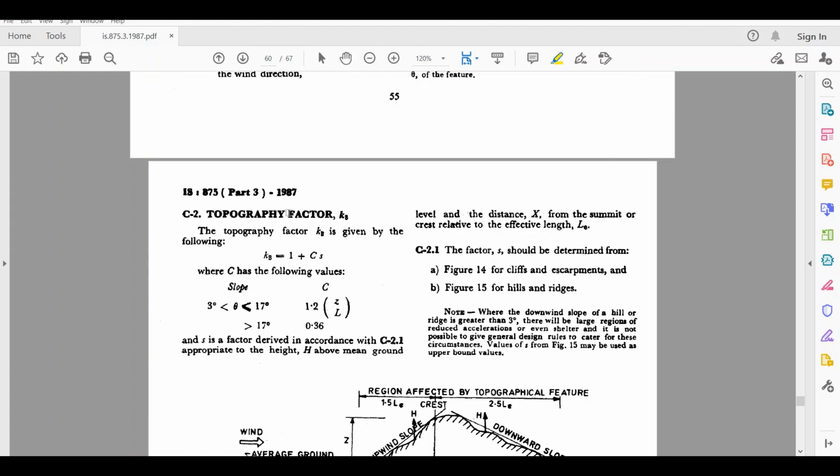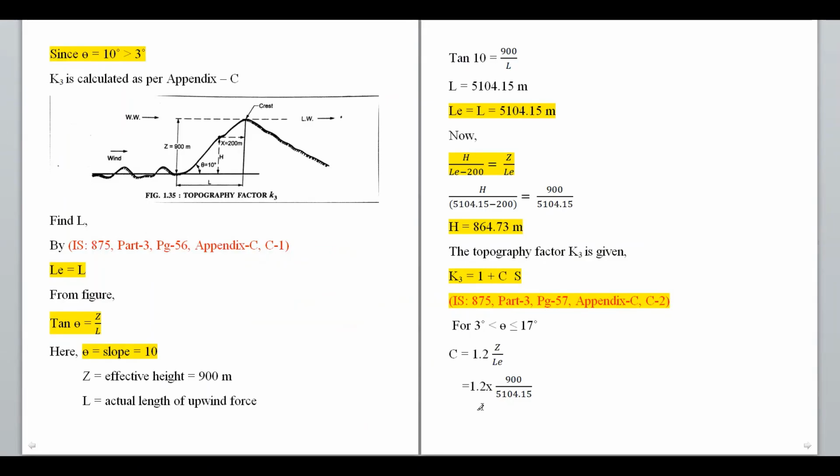The C value is here, 1.2 Z by LE. Z we found, LE we have. So 1.2 multiplied by 900 divided by 5104.